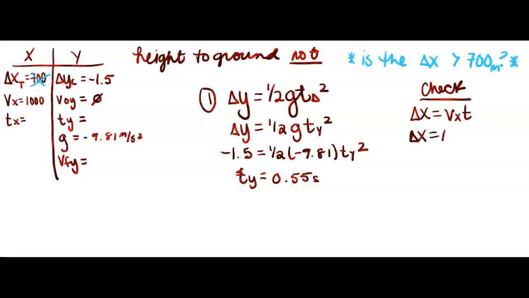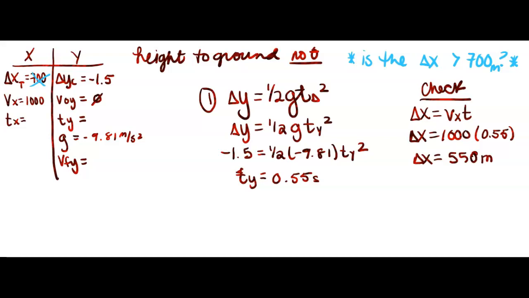We have our vx, we have our t, so 1,000 multiplied by the time. And again, depending on if you use 0.55 or 0.553, you're going to get a different value. So officially, you're going to end up with 550 meters. And that 550 meters tells us that our projectile is actually going to land on the ground at 550 meters.